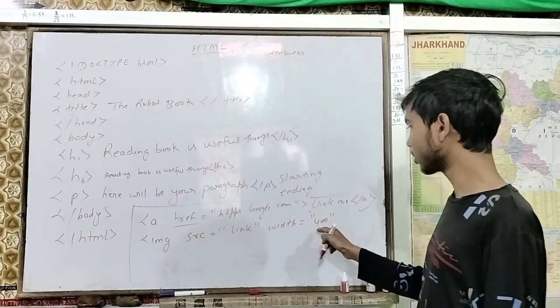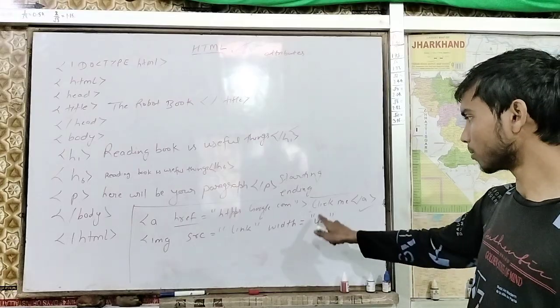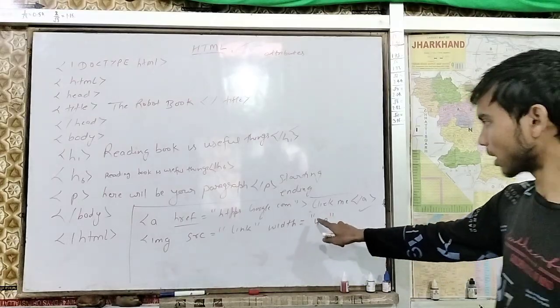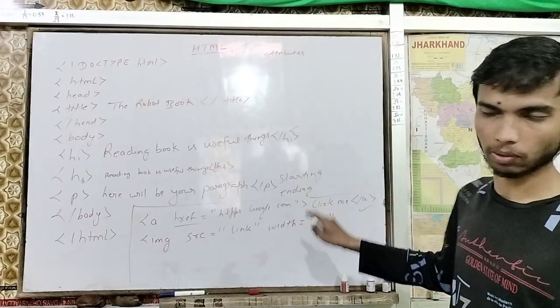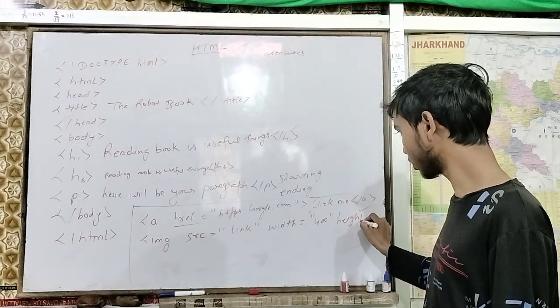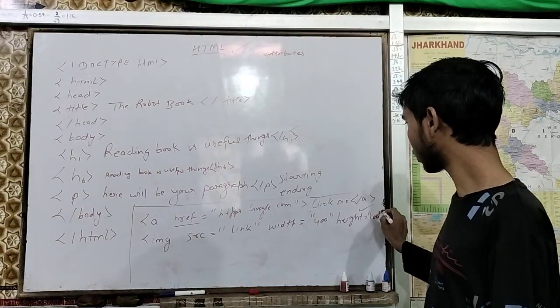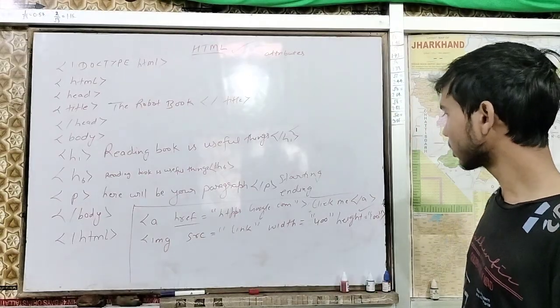And remember, surround this number with double inverted commas. The height should be something like 100. And now close this tag.